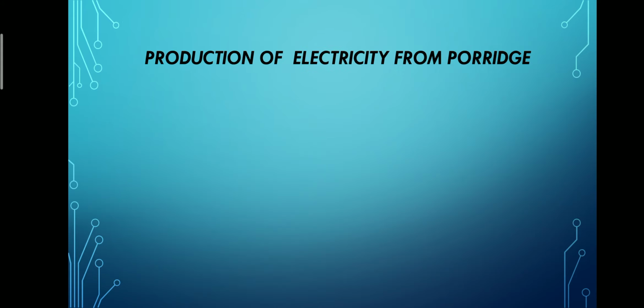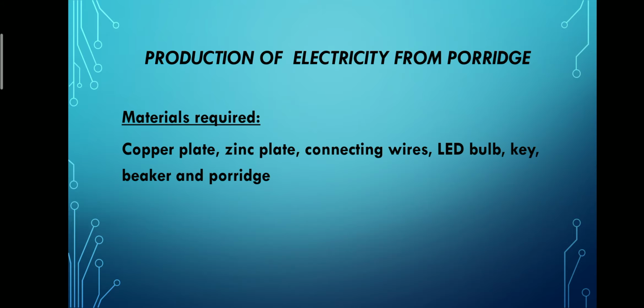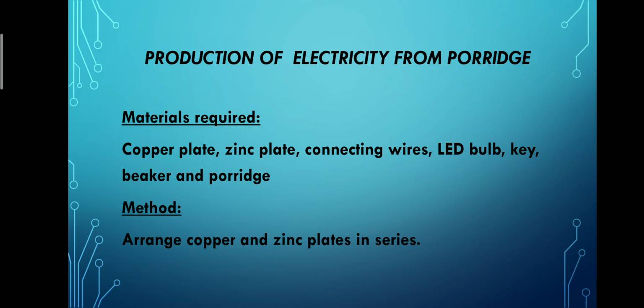Next is the production of electricity from vinegar. The materials required are a copper plate, zinc plate, connecting wires, LED bulb, key, beaker and vinegar. If the vinegar is older, the amount of current you will get will be better.